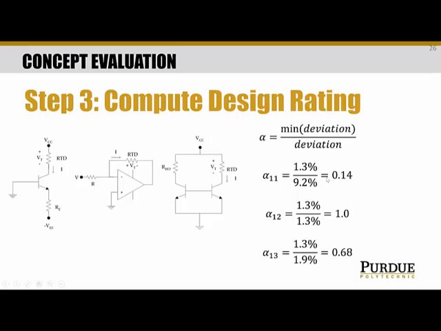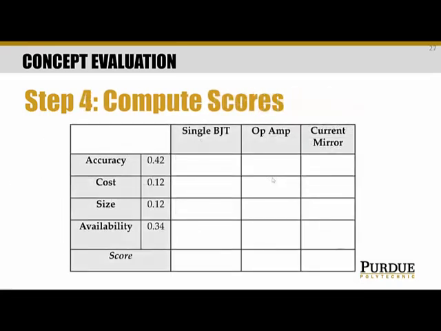Both of them are much better than design option 1, all related to criteria 1, which was accuracy. The process would then have to be repeated for each of the different design criteria. So for this particular example, there's 3 designs and there's 4 criteria, so you would have to come up with 12 scores in total for computing your design ratings.